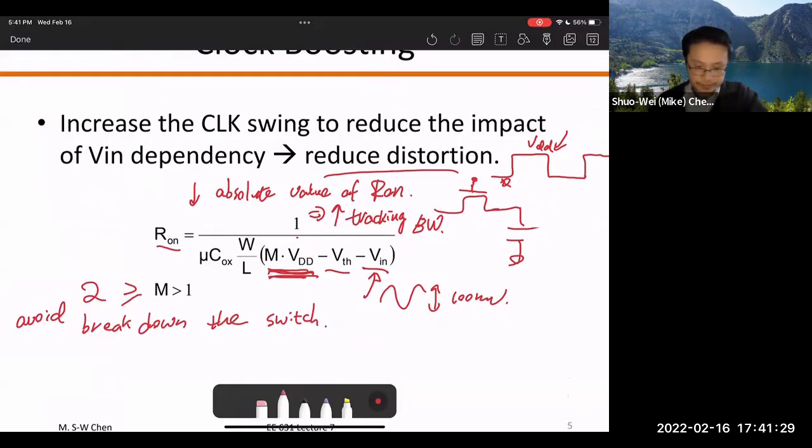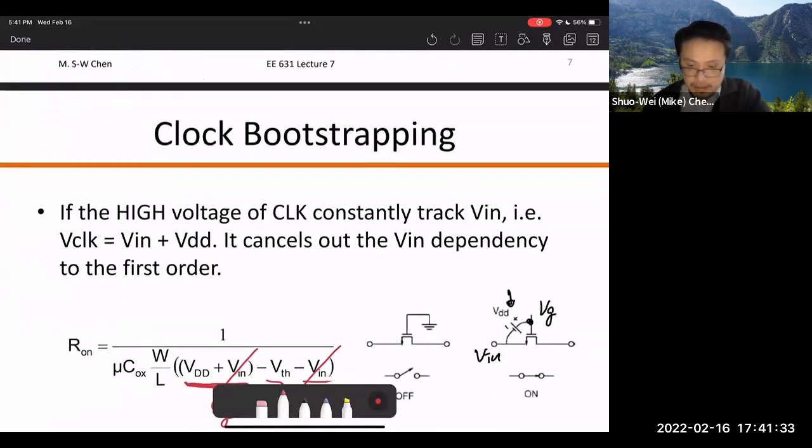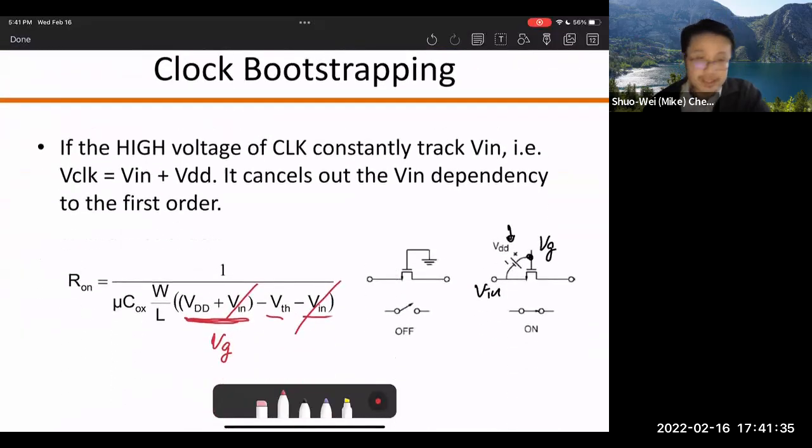But now, if I make this clock bootstrap circuit, where I make the gate voltage equal to V in plus VDD, you know what? If you can design this perfectly, which means your clock is changing from V in plus 0 to V in plus VDD, you can actually cancel out this V in, no problem.